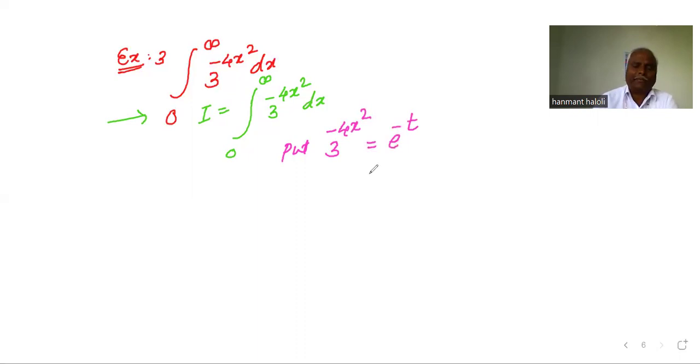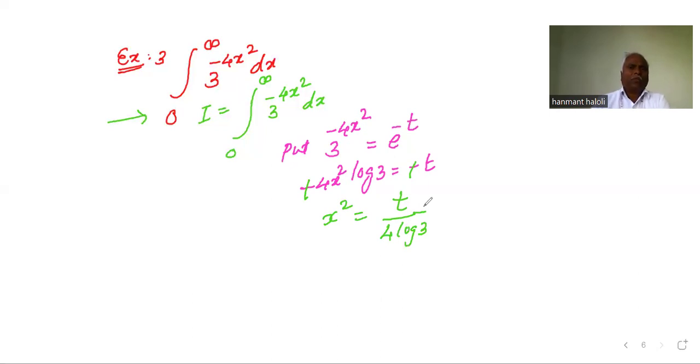Take log on both sides, you get 4 x square into log 3 equals t, with the minus sign on both sides cancelled. Then x square equals t upon 4 log 3.